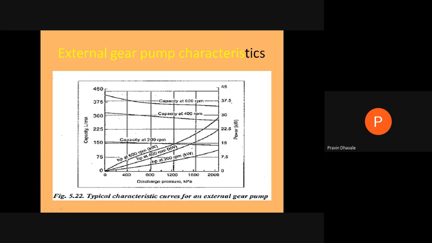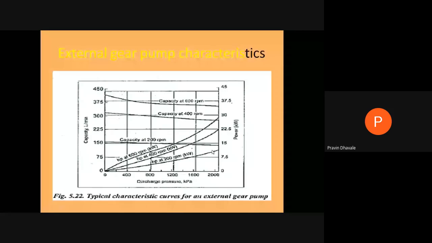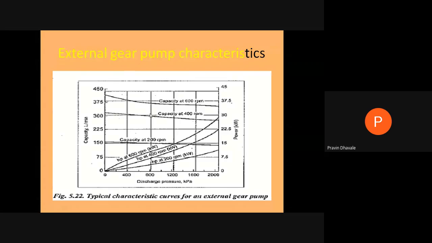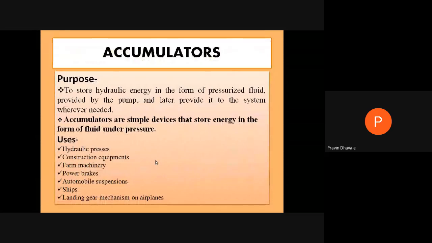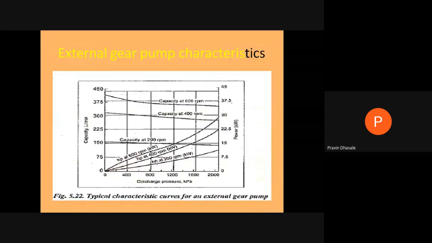There will be a change in power. It will be shown by this curve, right? And at 200 RPM, 400 RPM, 600 RPM, this graph shows the change in capacity of this external gear pump. So in this way, we can study the different characteristics of the pump.